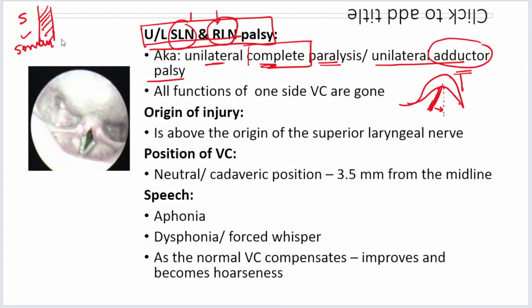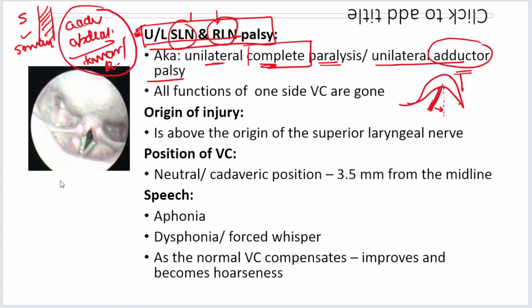All the muscles which supply one side of the larynx, that is the cricothyroid and the rest, like the posterior cricoarytenoid, lateral cricoarytenoid, interarytenoid, thyroepiglotticus, oblique arytenoid, whatever, all the muscles supplied by the recurrent laryngeal nerve on one side are gone. So what does it mean? It means that adduction is gone, abduction is gone, tensor capacity is gone, and also relaxing. So all the functions of the vocal cord are lost.